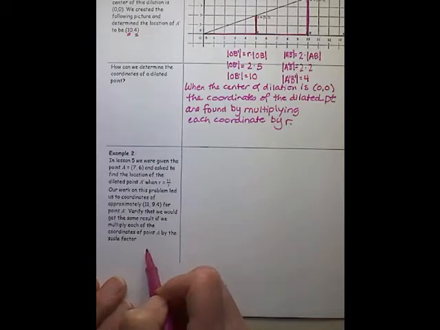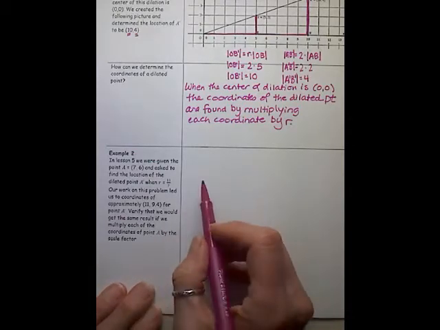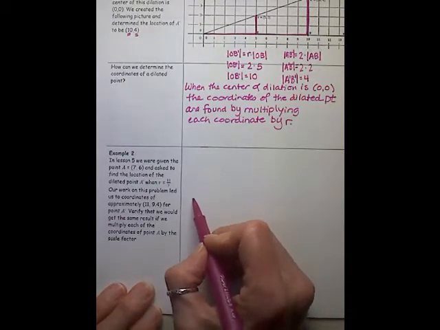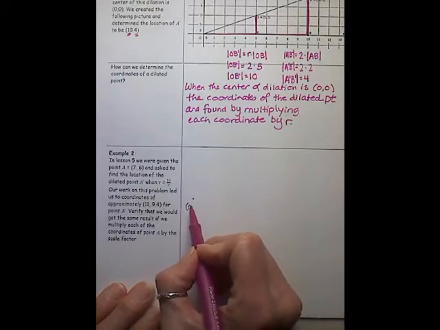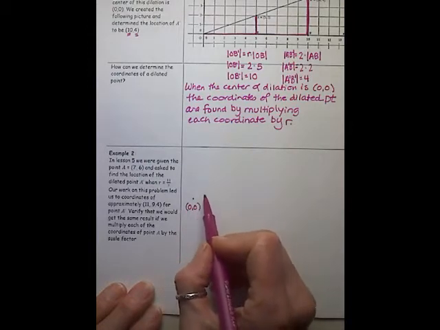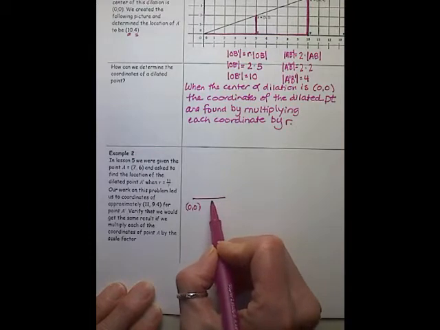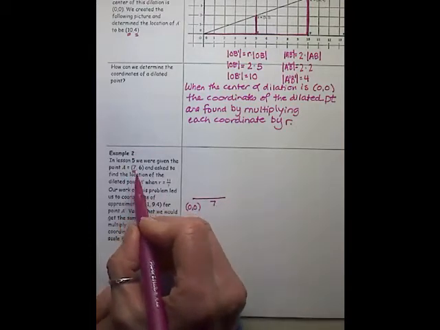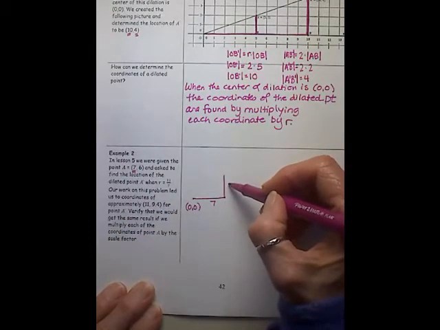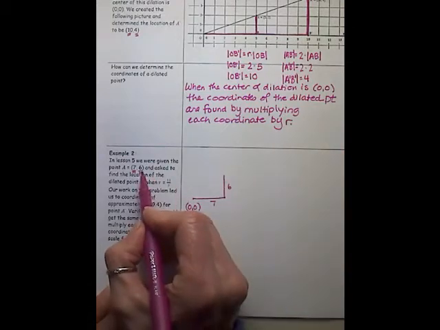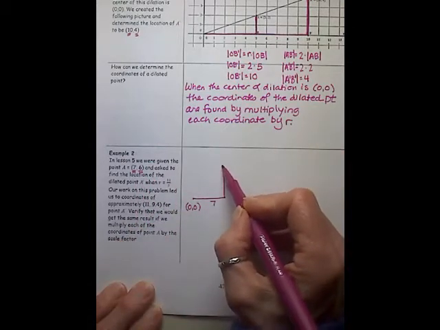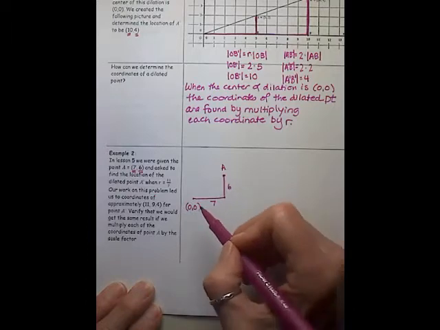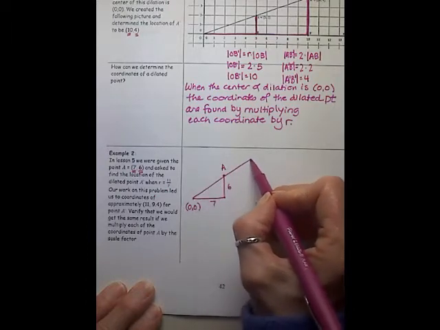Okay, so what we looked at in that problem, we had our origin of 0, 0, and we had this distance of 7 and this distance of 6, and that was called A. Now let's just draw a ray through that.